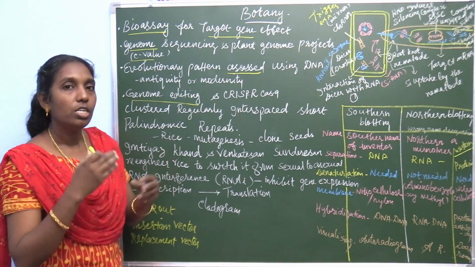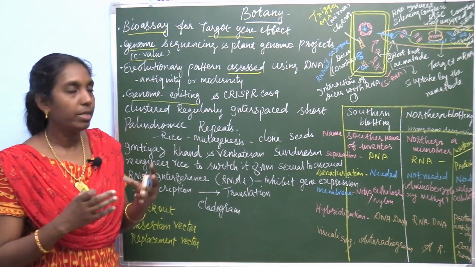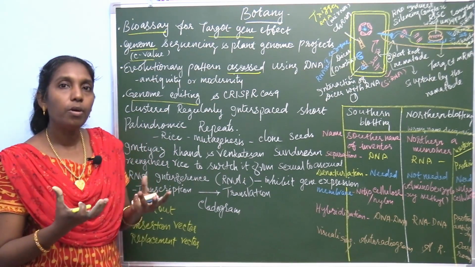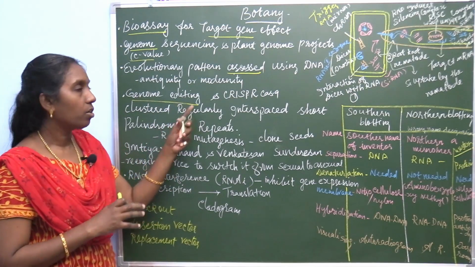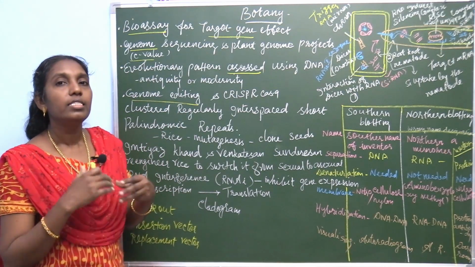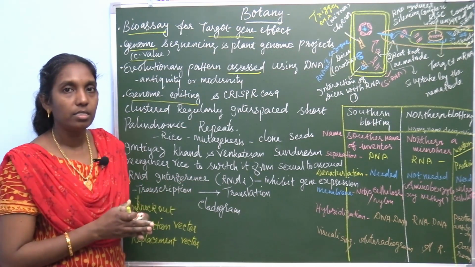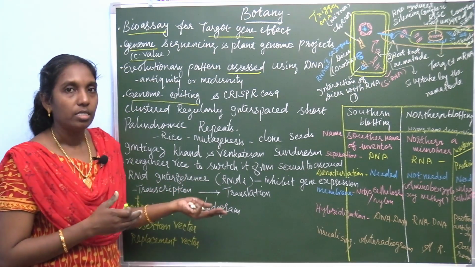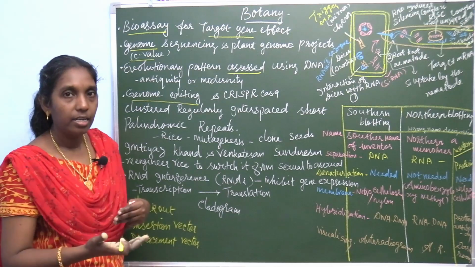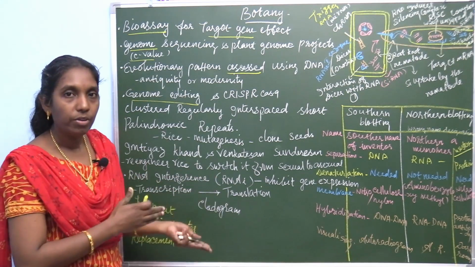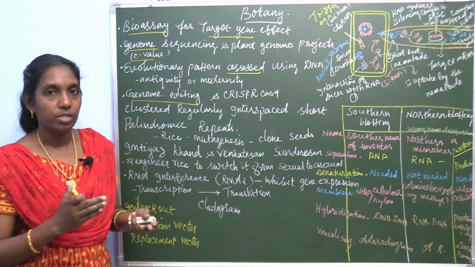Genome editing is a group of technologies by which the genes can be modified or altered. So either adding a gene, removing a gene from the genome, or altering a gene is possible.